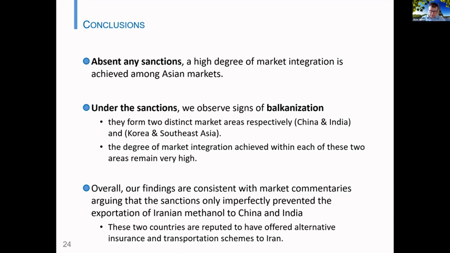The countries that were suspected to have maintained their trade relationship with Iran have indeed maintained a fairly high degree of spatial integration, but these two countries, India and China, have decoupled, with prices somehow decoupled from the other market pairs in Asia. So overall, these findings are consistent with the commentaries found in the grey literature, so that's not so surprising.